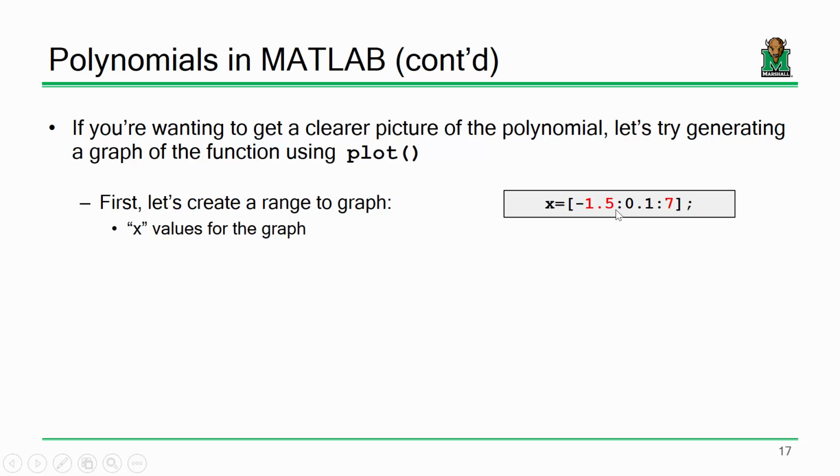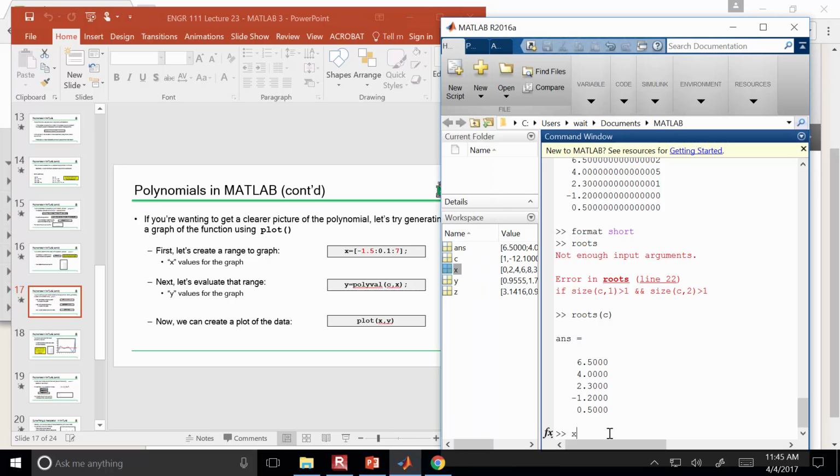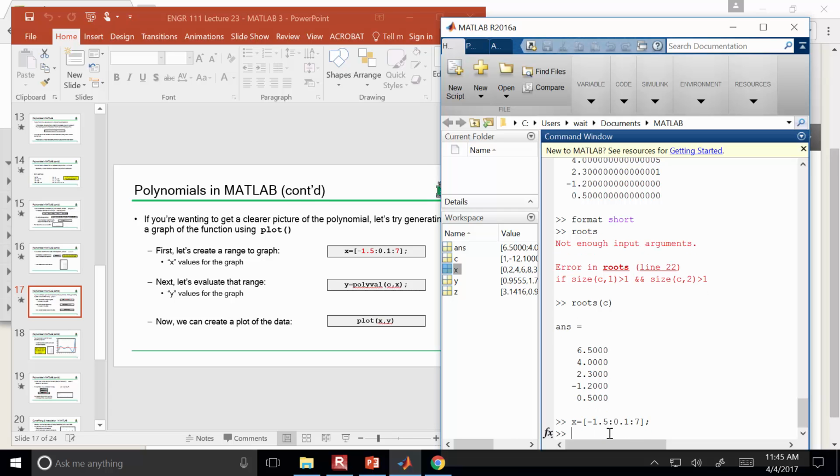So before we plot the function, we want to specify the range that it should do so. Okay, so let's set x range of plotting. We want the x values to be between -1.5 in increments of 0.1 and going all the way to 7 before it terminates. Okay, so we've defined x.